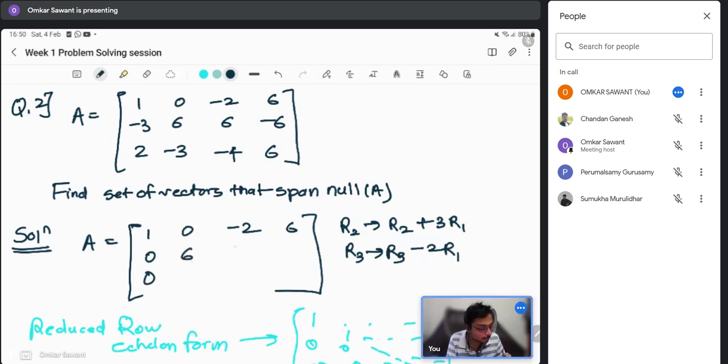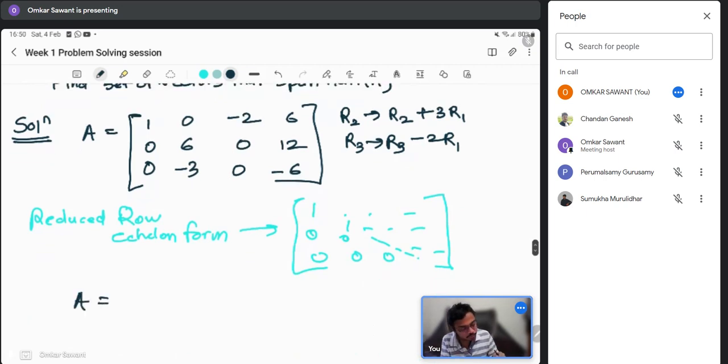This will be 6 plus 6, minus 6 plus 18, it will be 12. Then R3: minus 3 minus 4 minus of minus 4, it will be 0, and 6 minus 12 will be minus 6, right?